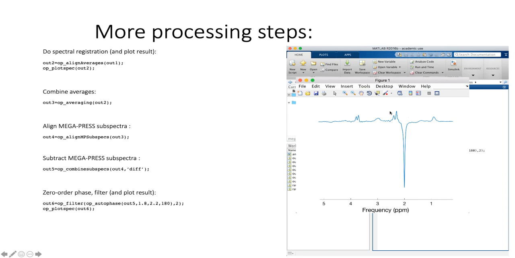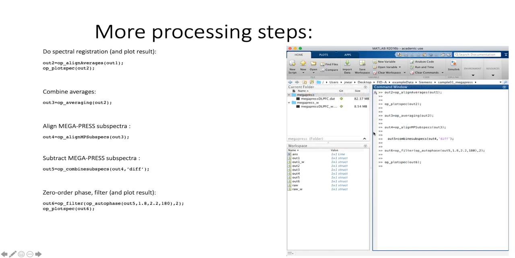And here's my result. So I have my NAA peak, which is inverted, as we would expect, and I have my GABA peak at around 3 ppm, which is here. Great. Maybe at the end, now that I have a fully processed spectrum, I want to write that spectrum into an LCModel format so that I can analyze the data in LCModel.